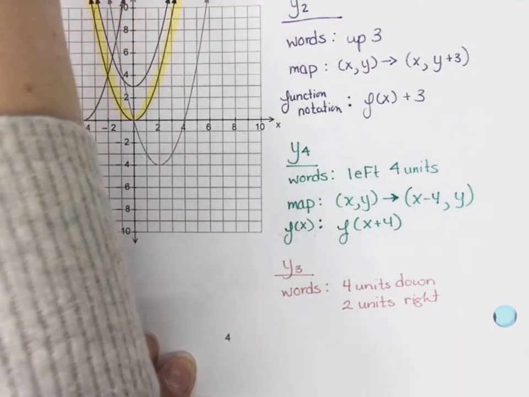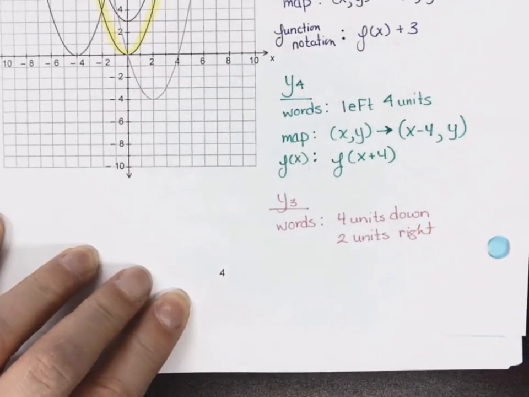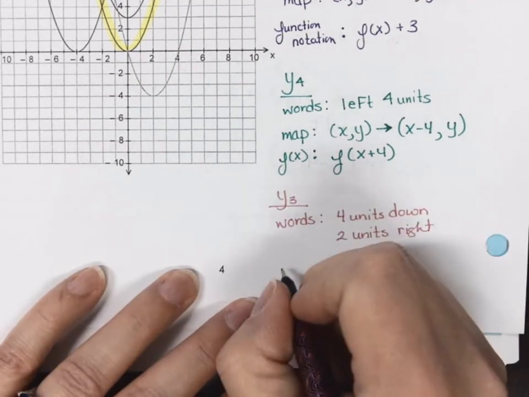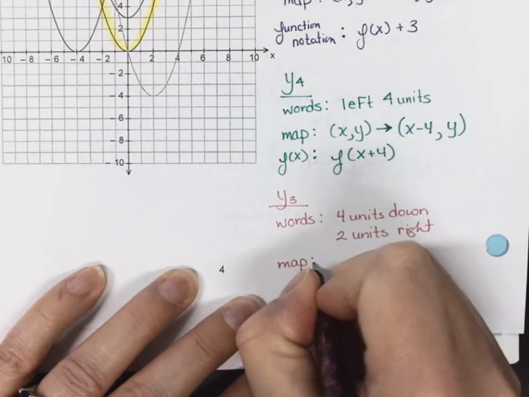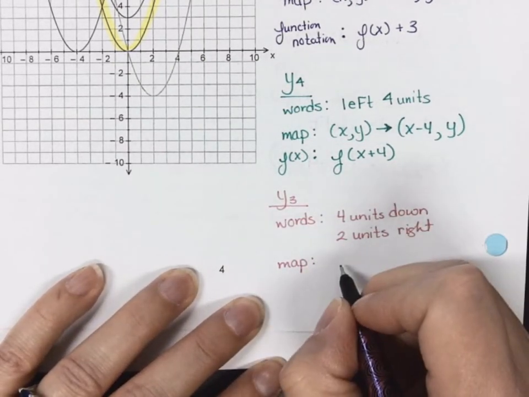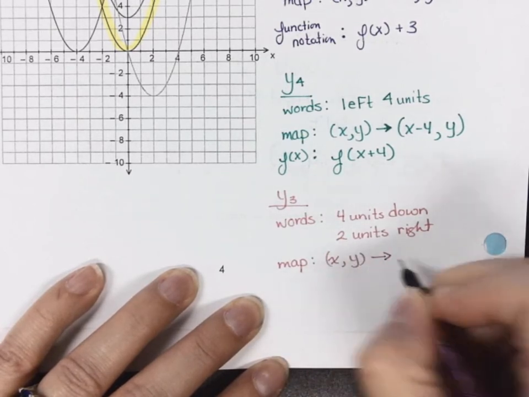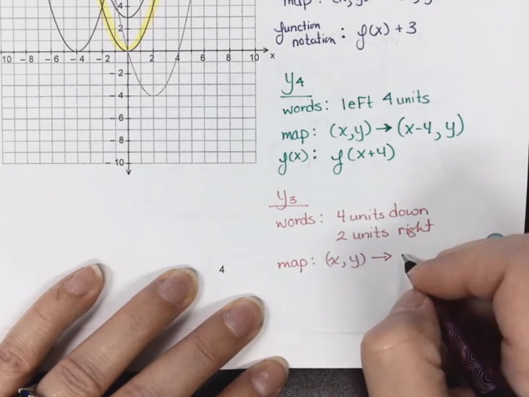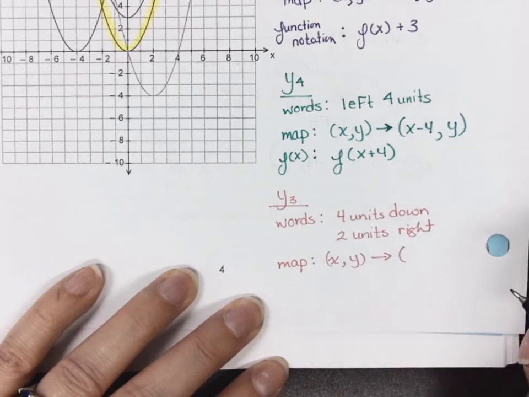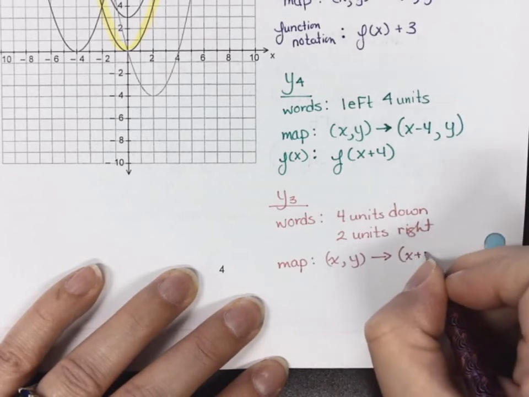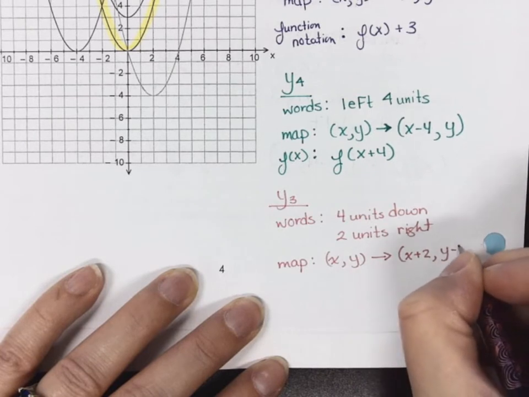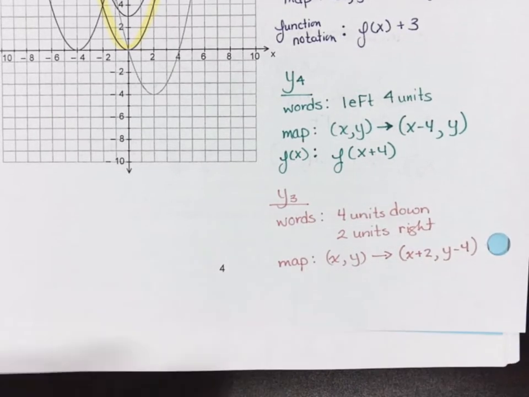Okay, so now we're doing something to both the X and Y, which we haven't really done before, but we're good. We can handle that. So we're going to have (X, Y) transforms into (X plus 2, Y minus 4).